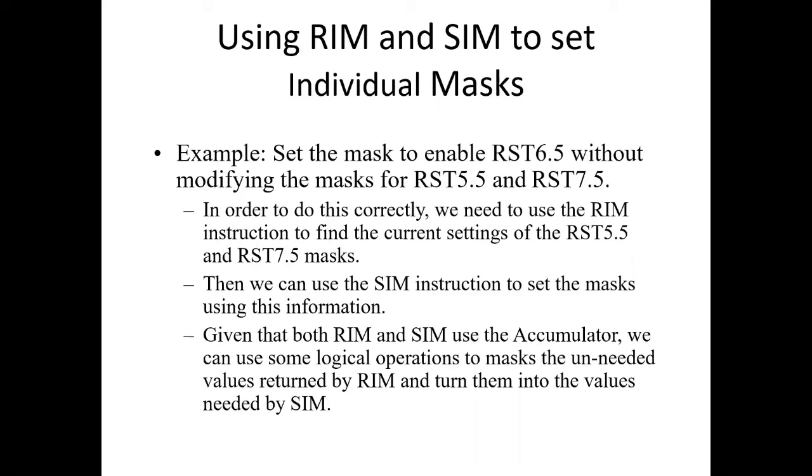Then we can use the SIM instruction to set the mask using this information. Given that both RIM and SIM use the accumulator, we can use some logical operations to mask the unneeded values returned by RIM and turn them into the values needed by the SIM.